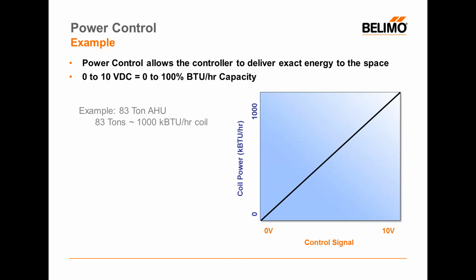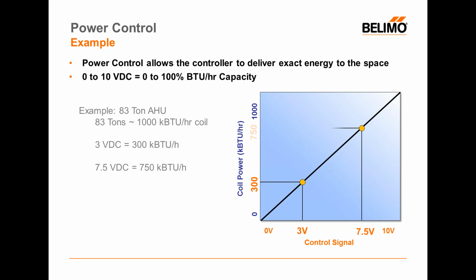Well, if I have this, it scales linearly, which means if I give it a 3-volt signal, I'm going to get 30% of 1,000, or 300 kilobtus per hour, and 7.5 volts similarly would give me 3/4 of my allotted amount, 750 kilobtus per hour. So power control simplifies everything. It makes the control logic ultra simple.